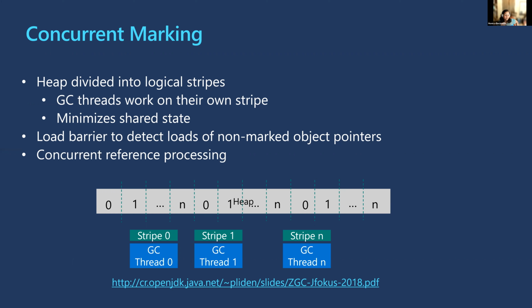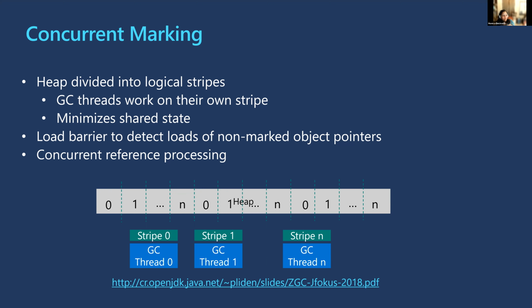ZGC, and this is what I was talking about. ZGC introduced the concept of concurrent reference processing because it wants to do it during concurrent marking. Reference processing historically has been done in a stop the world fashion. But remember, we're trying to shave time away from the stop the world phase. And this is where I was saying, even though the phases are the same, we're improving the time we spend in the actual pause by taking phases out of the stop the world and adding them to the concurrent phase.